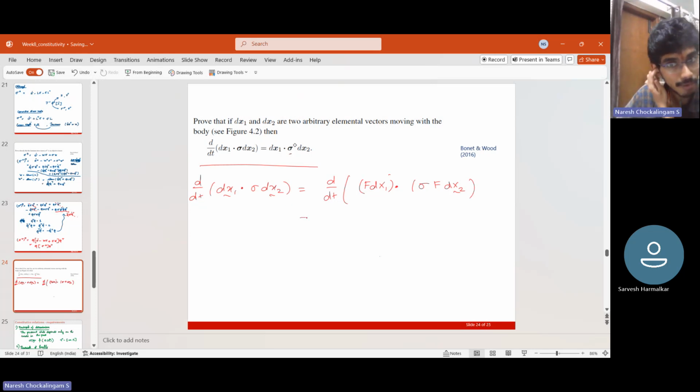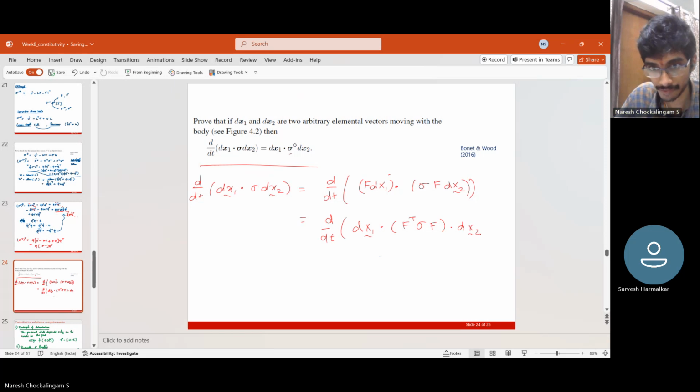Using the property of transpose, you can write it as d by dt of dX1 dot F transpose sigma F dX2. Note that these two are material vectors. They cannot change with time. So you can take the derivative inside. So you get dX1 dot d by dt of F transpose sigma F dot dX2.